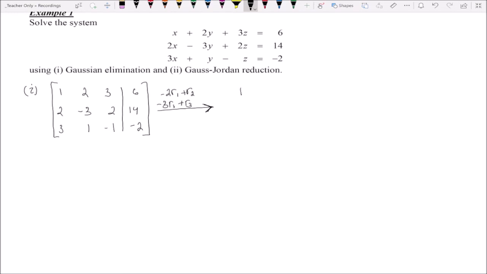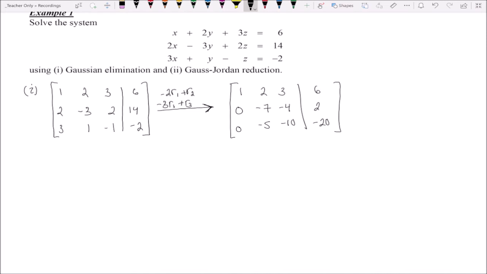And the result: now at this stage, the process tells us to multiply the second row by negative 1/7.